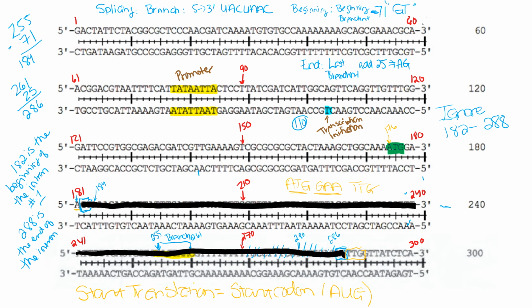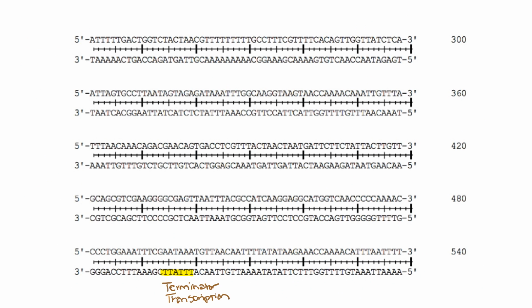So if we want to identify the second intron, we're going to have to look for a particular sequence, right? Again, we are trying to do this splicing. We're trying to identify the introns, and so we're trying to identify intron number 2. The particular pattern that we're looking for in intron number 2, if it were RNA, it would be UACUAA.